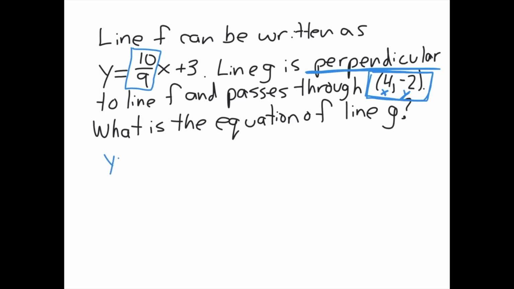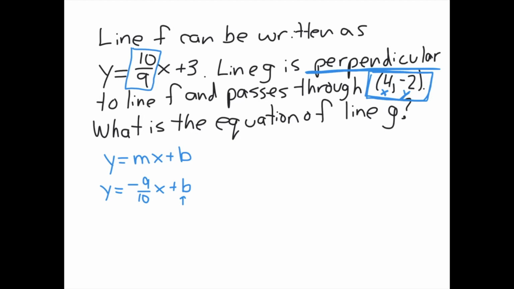So I'm always going to start off by writing y equals mx plus b, and then I'm going to fill in the slope that I want my line to actually have. So in this one, because we want the perpendicular line and the original slope is 10 ninths, we want to have a slope of negative 9 tenths on our answer. And we're already most of the way to our answer. All we need to figure out is what this b value is, and we'll have our final result.